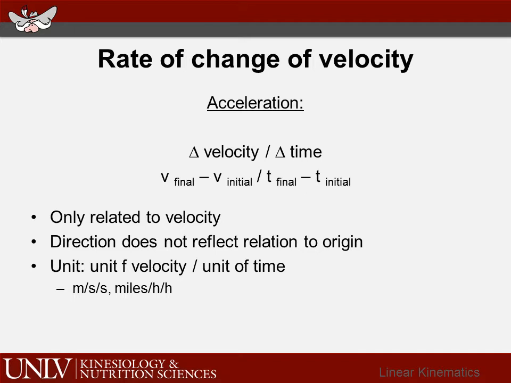Now, it's very important here that you disconnect a positive and negative acceleration from directionality. With position, velocity and speed, you are dealing with the origin, going back to that reference system, the global origin. A positive or negative means either going away from or towards the origin.